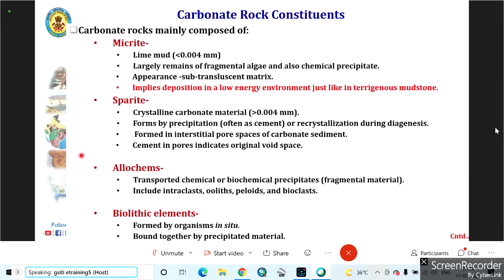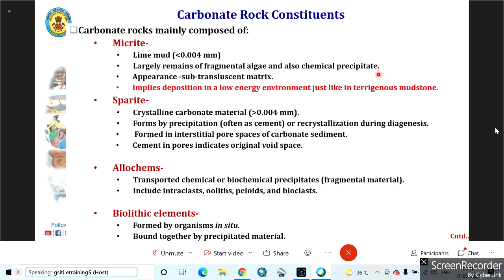These are the different constituents of carbonate rock: micrite, sparite, allochems and biolithic elements. Micrite is a lime mud, its size is less than 0.004 millimeter, and it is largely the remains of fragmental algae and also chemical precipitate.